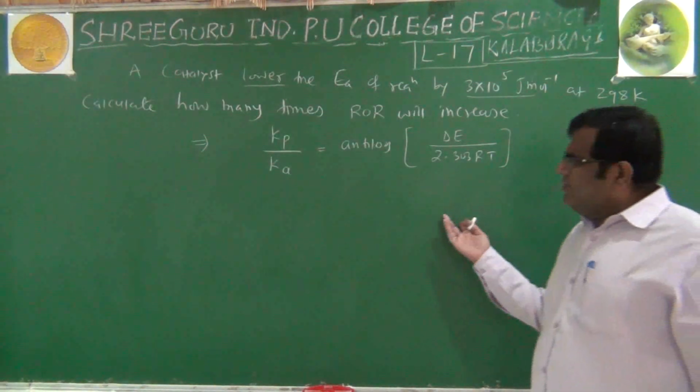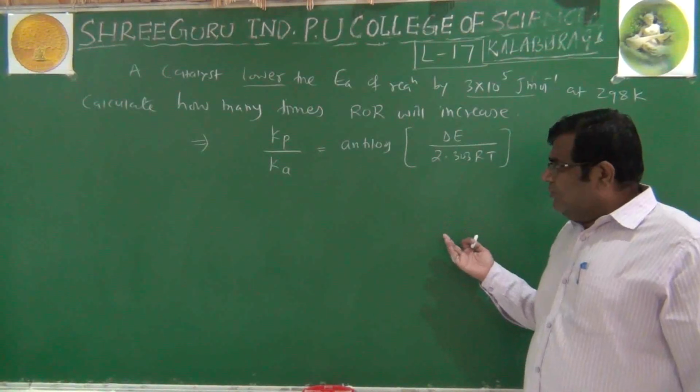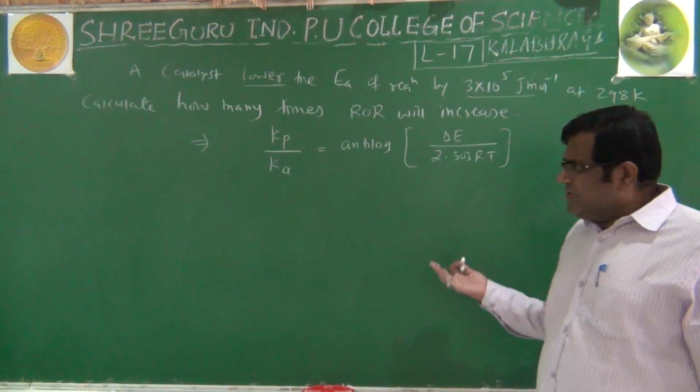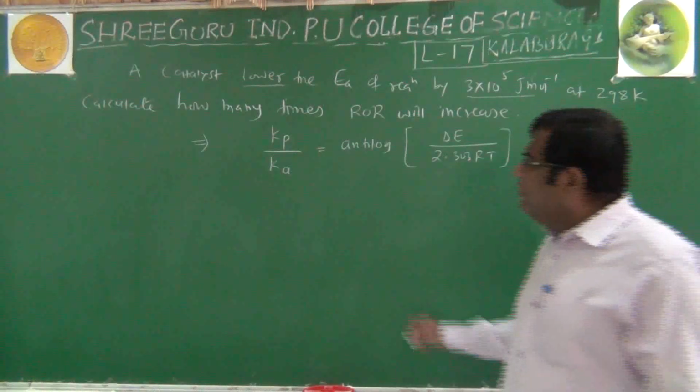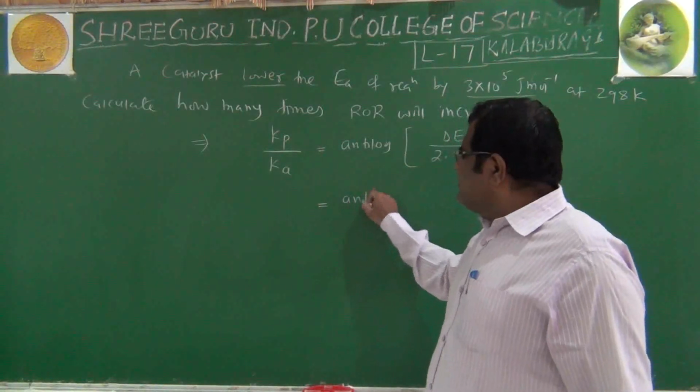As the equation is not given, we should not worry about how we arrived at this equation. The derivation is not at all required for you. You can just substitute this.